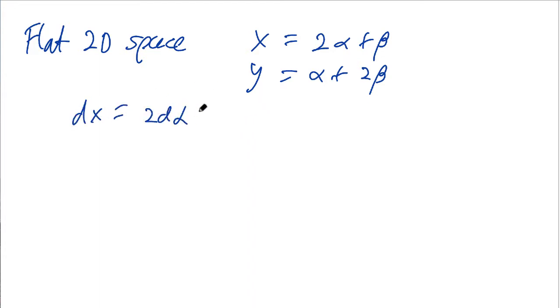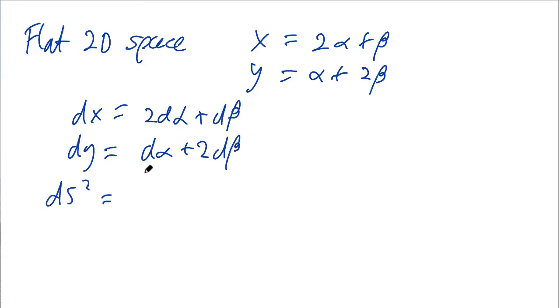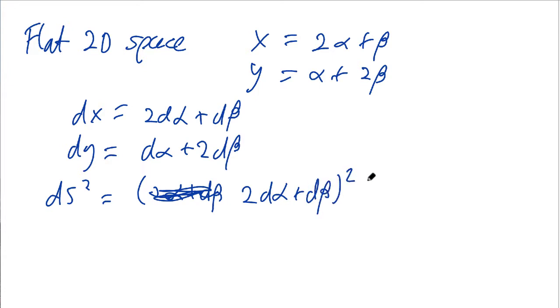dx is 2 d alpha plus d beta. dy is d alpha plus 2 d beta. Then ds squared is dx squared, that's 2 d alpha plus d beta squared, plus dy squared, that's d alpha plus 2 d beta squared.